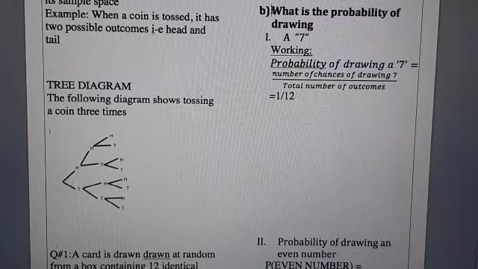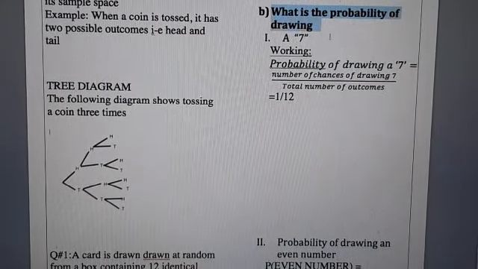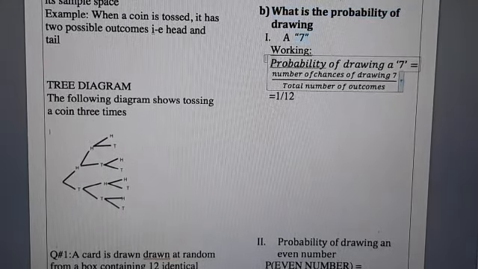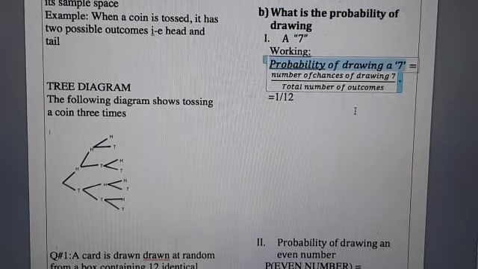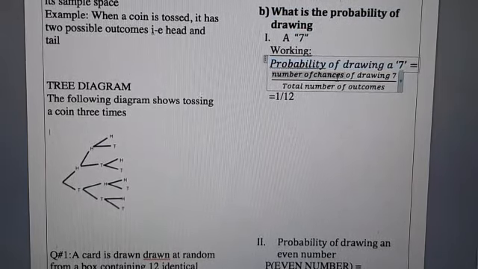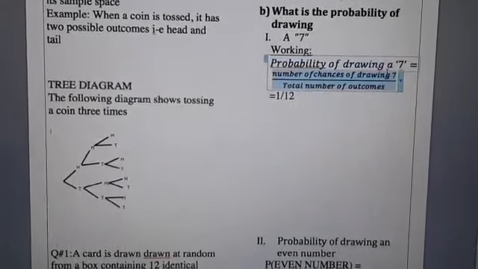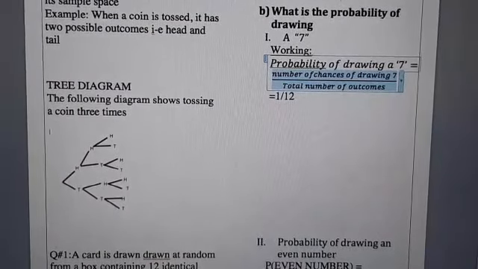Now from this we have to find the probability of drawing a card that has 7 on it. The probability of drawing a card having 7 on it will be the number of chances of drawing a card having 7 on it divided by the total number of outcomes.